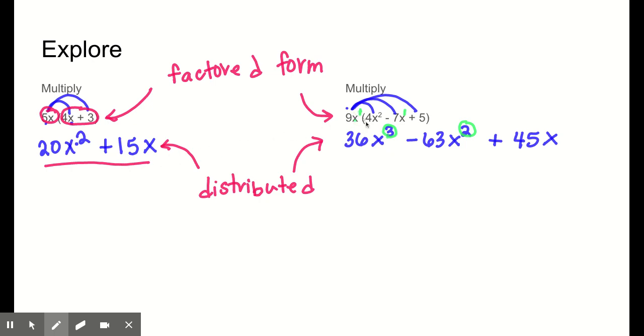For the second one here, the factors of this polynomial are 9x and 4x squared minus 7x plus 5, because again, those are the two polynomials, the two factors that we multiply together to get this larger polynomial. So when we are asked to write a polynomial in factored form, what we are doing is looking for those polynomials that we multiply together to get the larger polynomial.